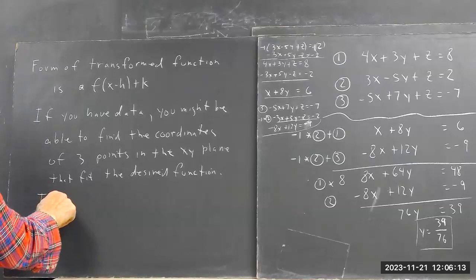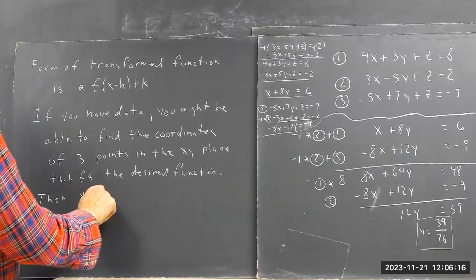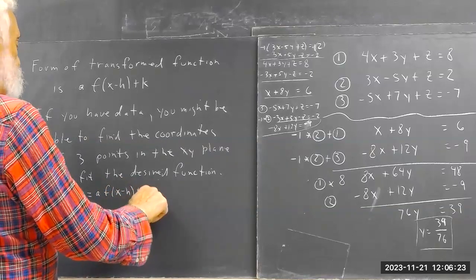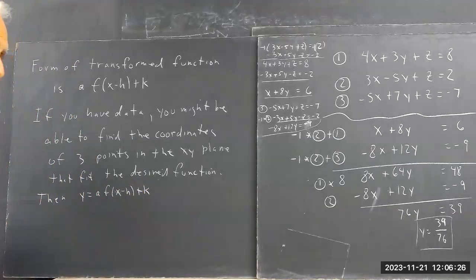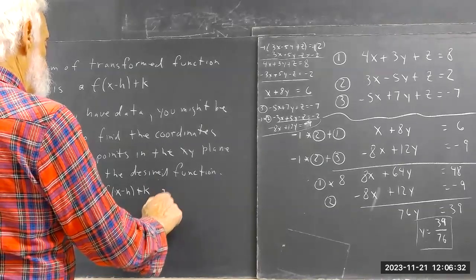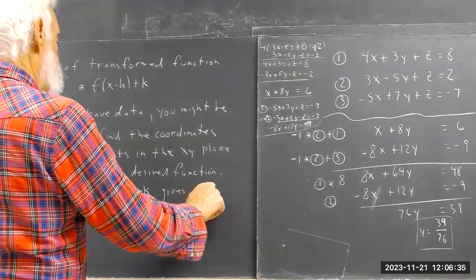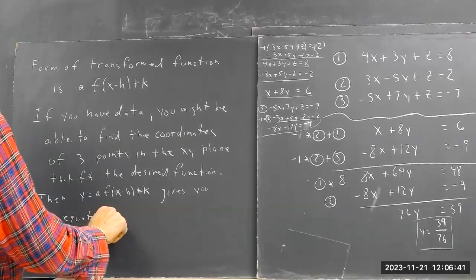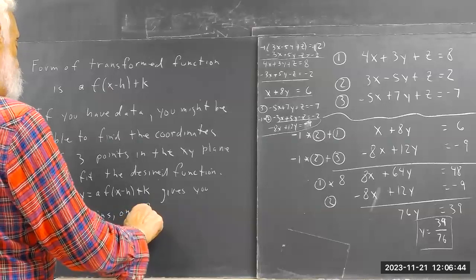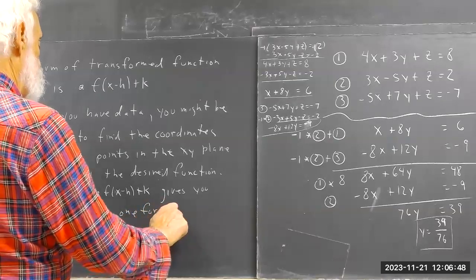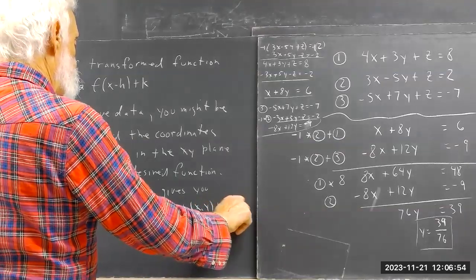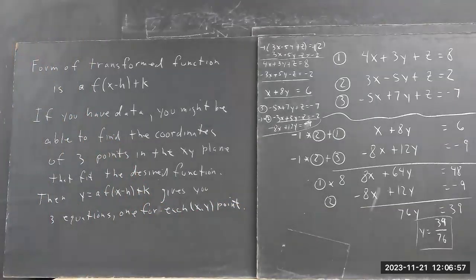Then y equals A f of x minus k gives you 3 equations, one for each XY point.